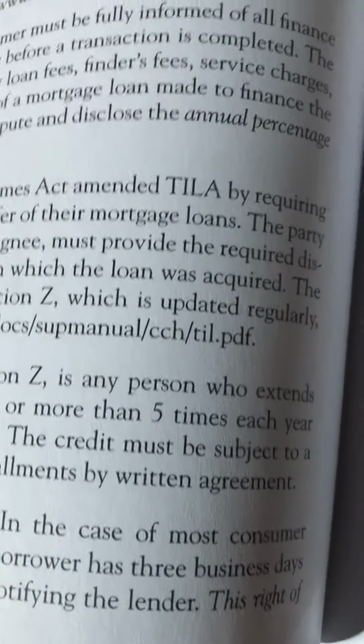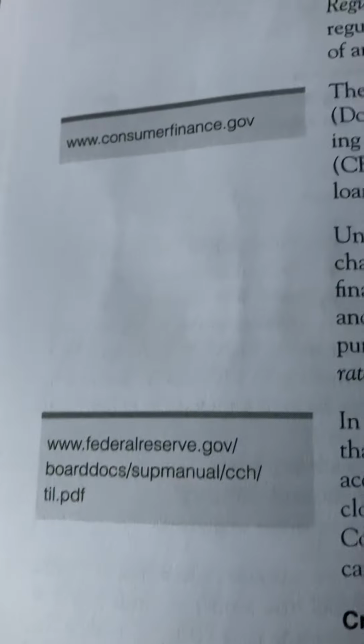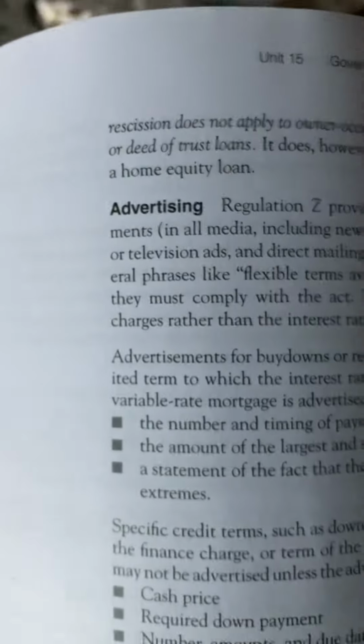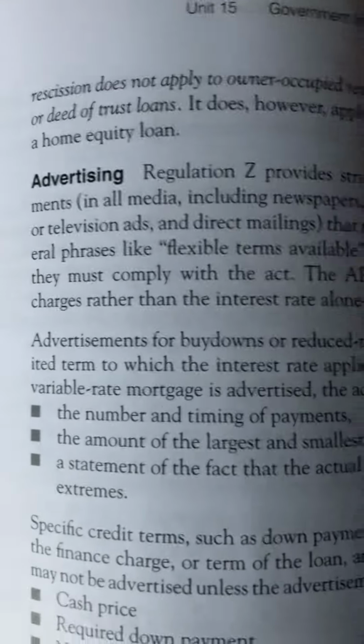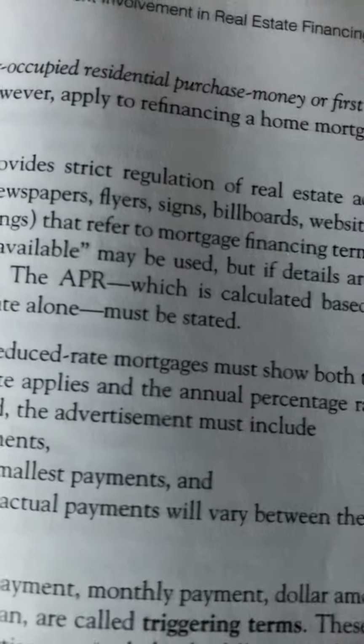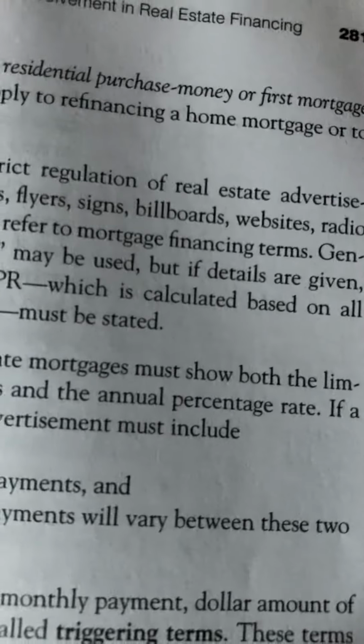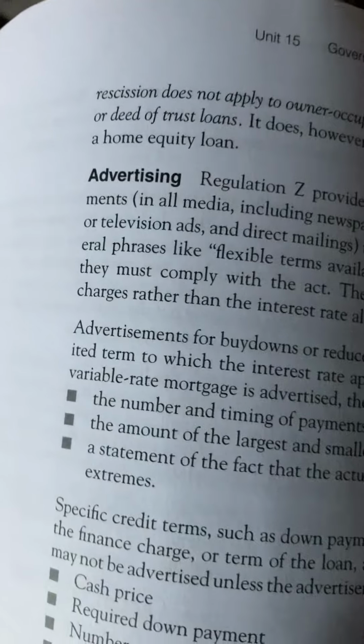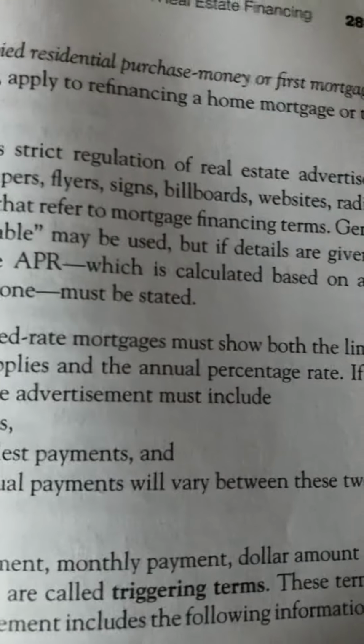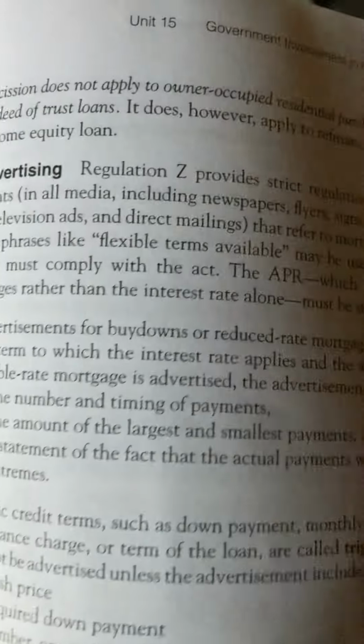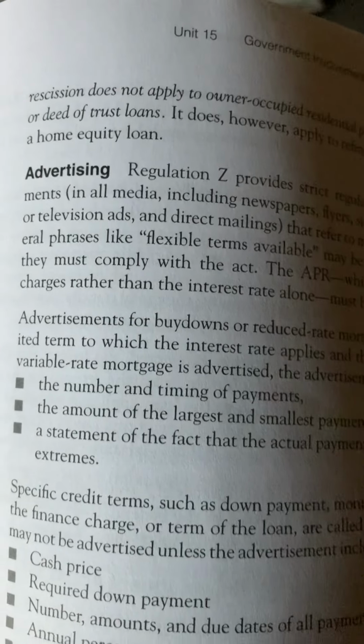Here it just shows the links to the Federal Reserve Consumer Finance, page 281. Rescission does not apply to owner-occupied residential purchase money or first mortgage or deed of trust loans. It does, however, apply to refinancing a home mortgage or to a home equity loan.